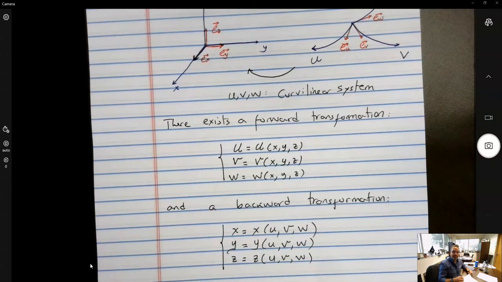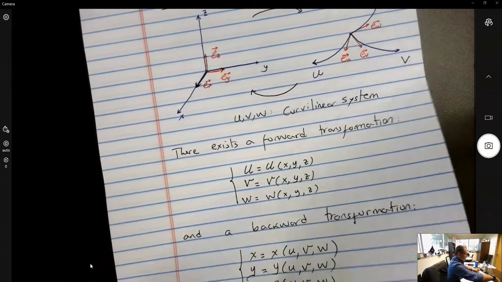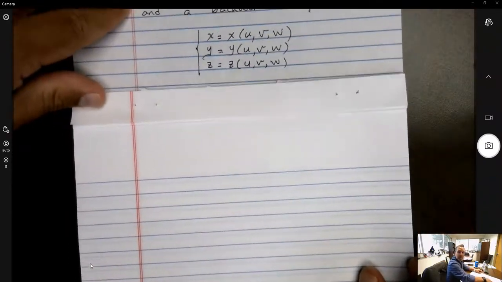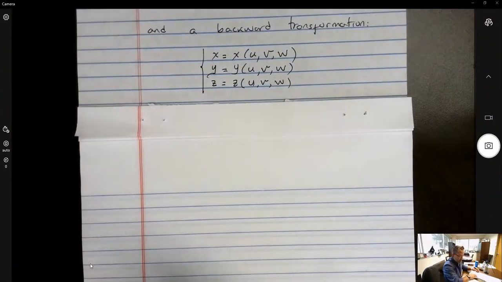All right. So that's where we are. So let me give you an example so that we kind of position ourselves in this context.